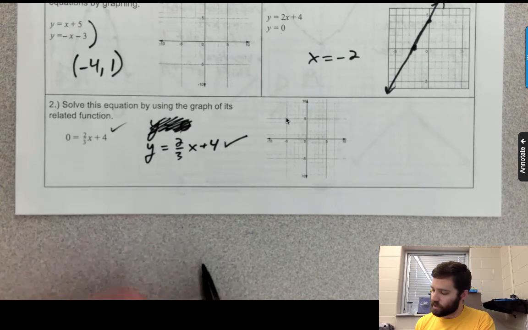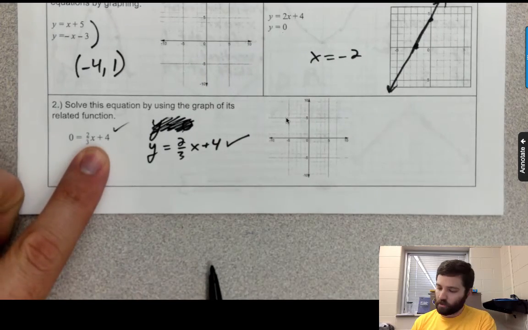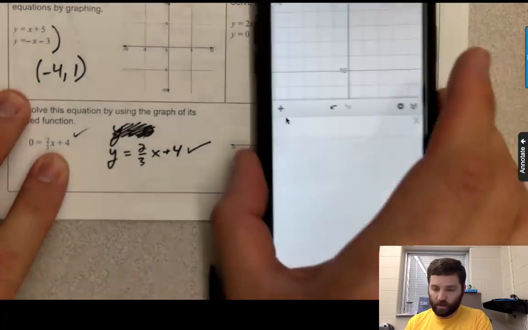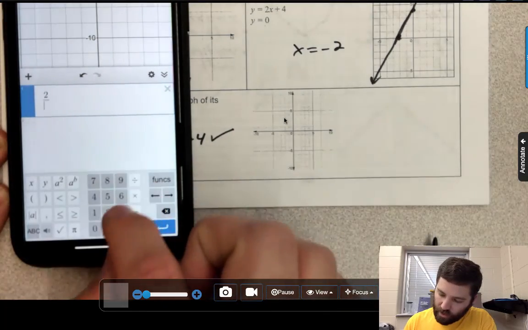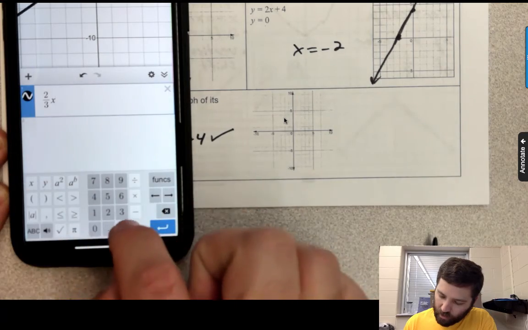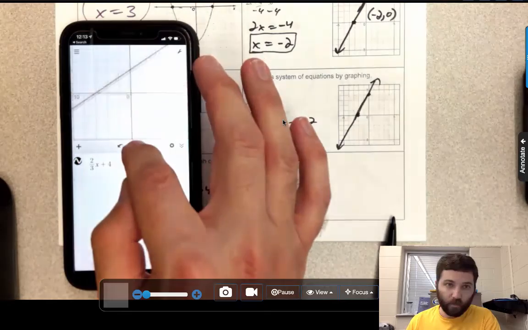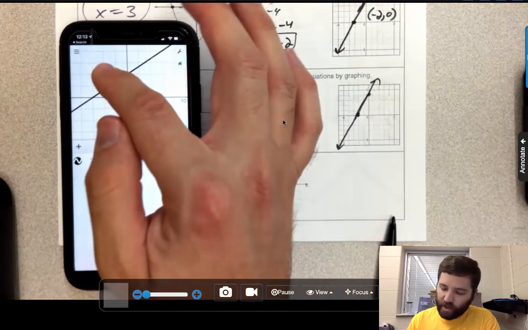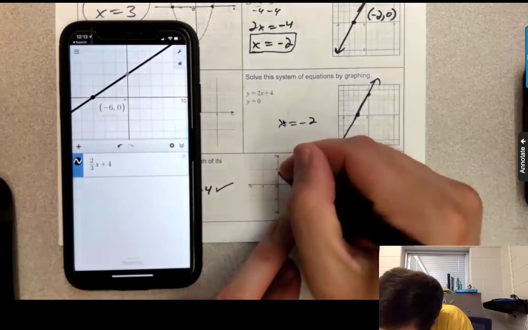So all we need to do is graph 2/3 x plus 4. Let's do that. And find the x-intercept. The x-intercept is there at -6, 0. If you want the sketch here, you could do that.